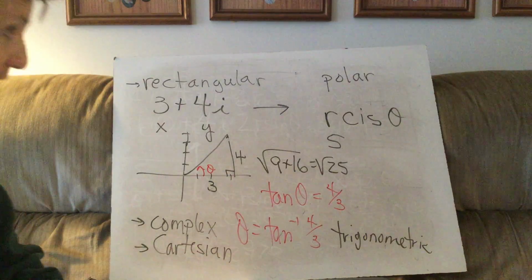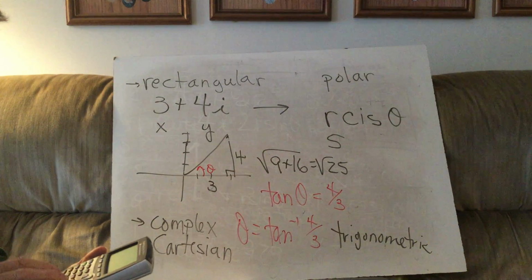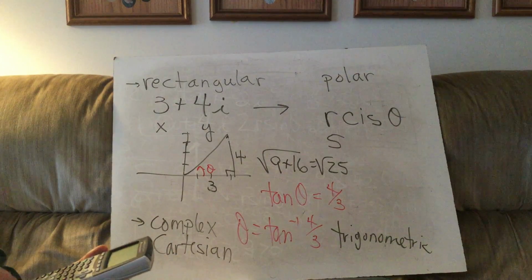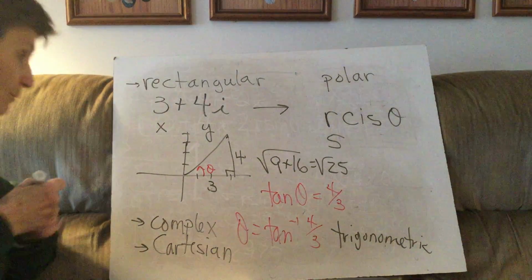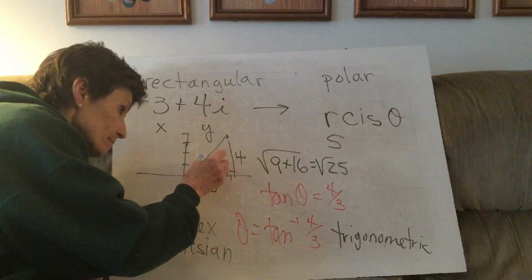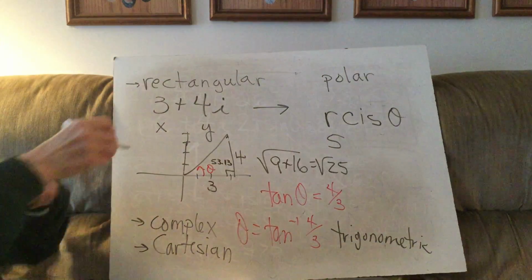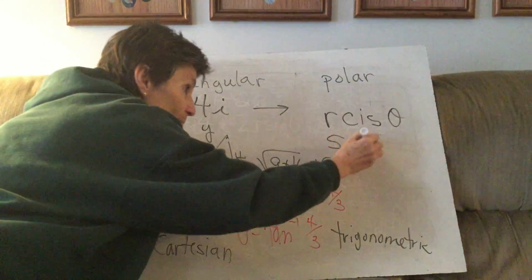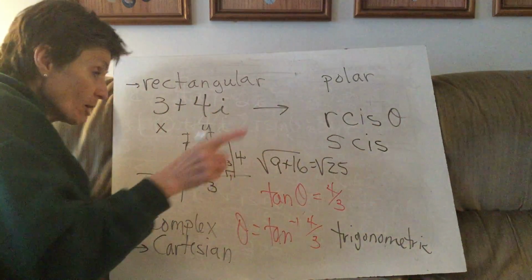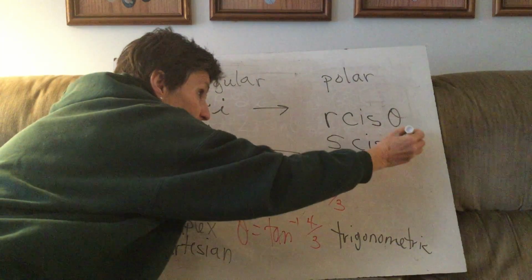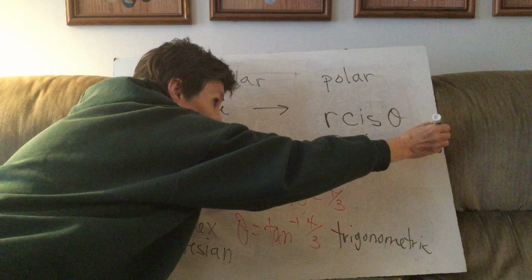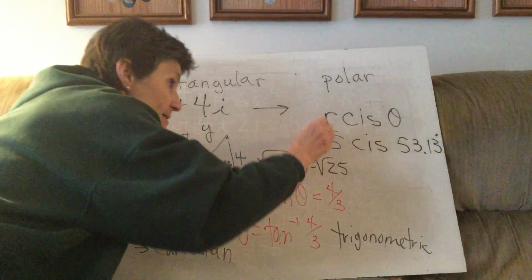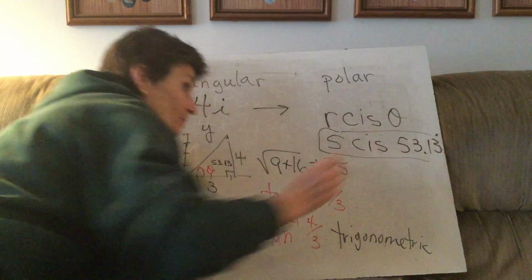So that angle, inverse tangent of 4 divided by 3, is 53.13. So when I write my answer, my r was 5, cis, we're going to talk about what that means, 53.13 degrees. And this is the answer to the question.